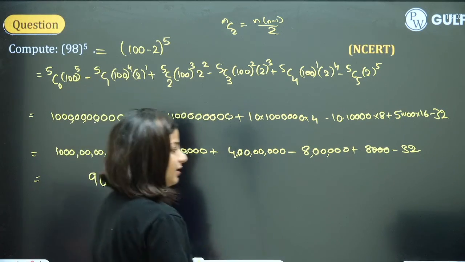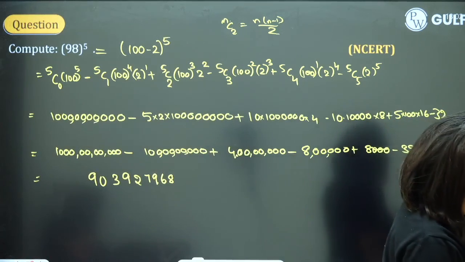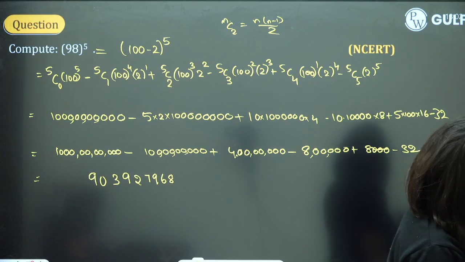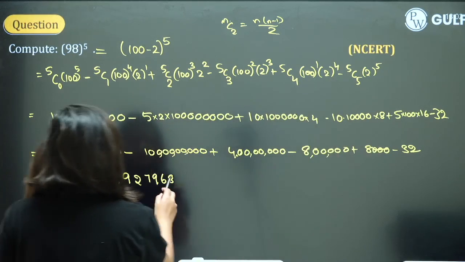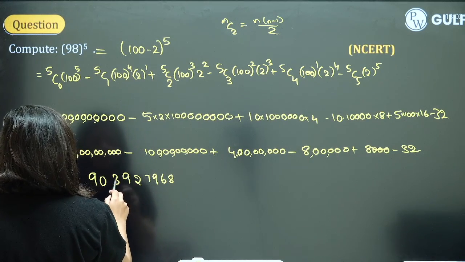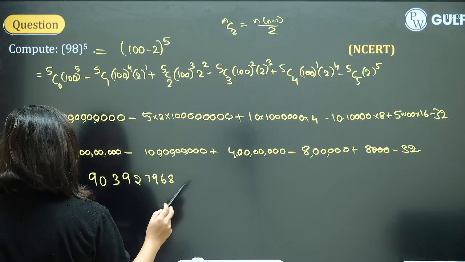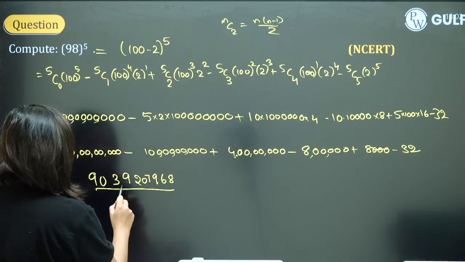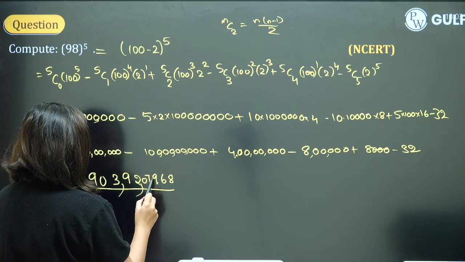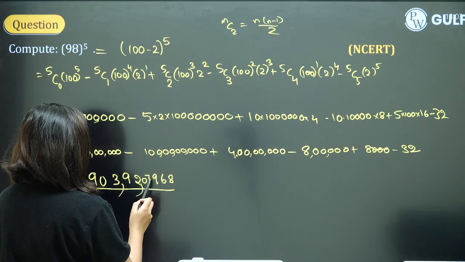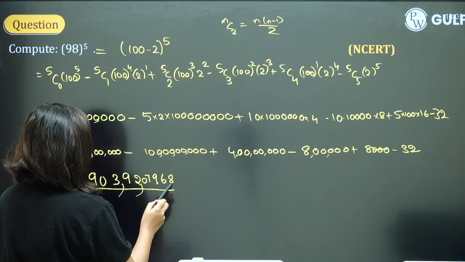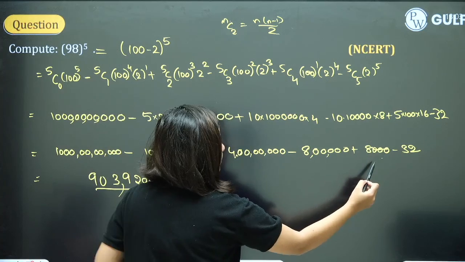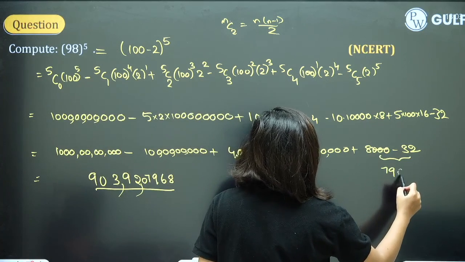Just check if I am correct. Unit, tens, 100, 10,000, lakh, 10 lakh, crore, 10 crore. It should be 903 crore. One of the zeros was missing here. 903 crore, 92 lakh, and then 8,000 minus 32 is 7,968.